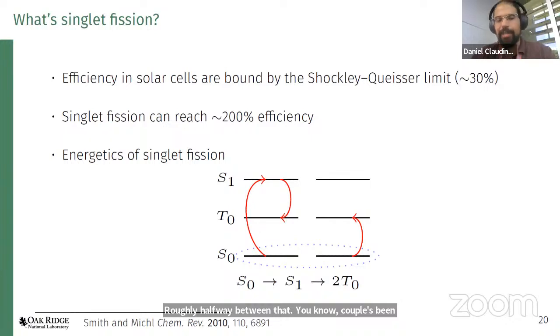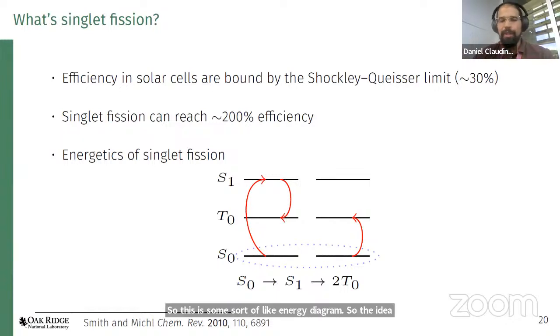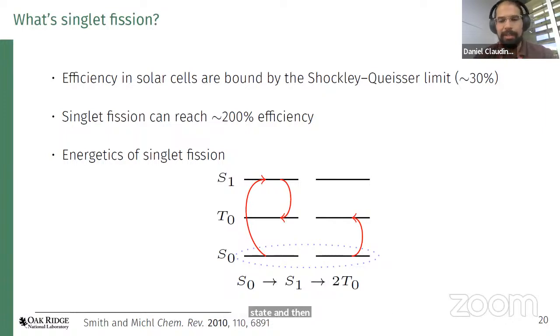So this is some sort of energy diagram. Once you fulfill this, one of the species would be excited to the first excited state, and then there's internal conversion of that excess energy, and you end up with the two species in the triplet state.